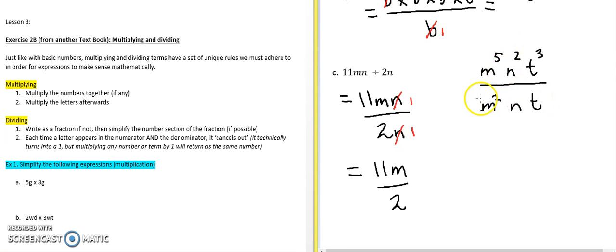This is the case. What you would do is, how many m's on the top? 5, and they're all being multiplied together. How many m's on the bottom? 2. So I would go cancel 1, cancel 2, cancel 1, cancel 2.